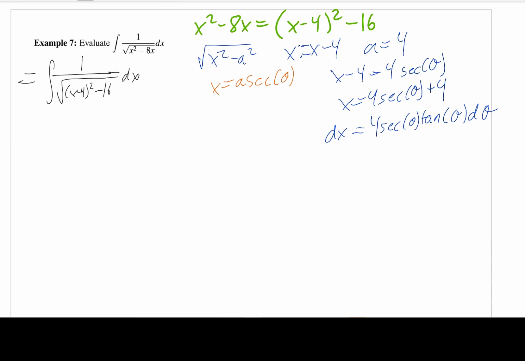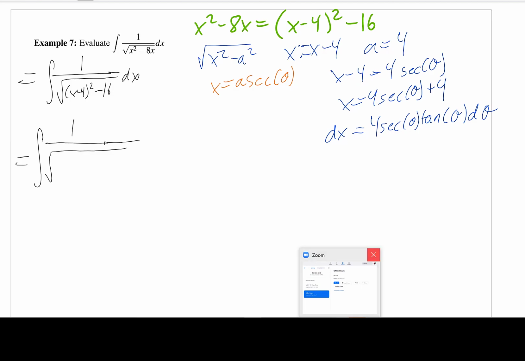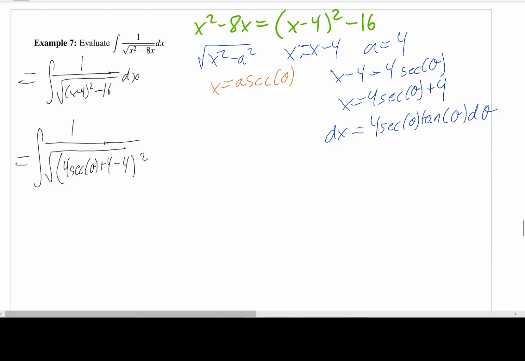Now plugging everything in, I should get the integral of 1 over, so let's see, we'll have the square root, get rid of that. Let's see, x minus 4 squared. So that's going to be 4 secant theta plus 4 minus 4 squared minus 16.